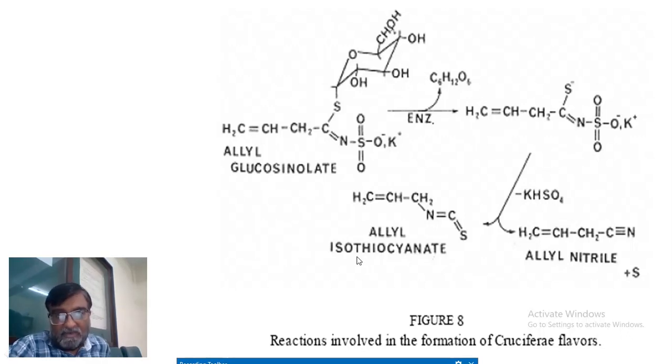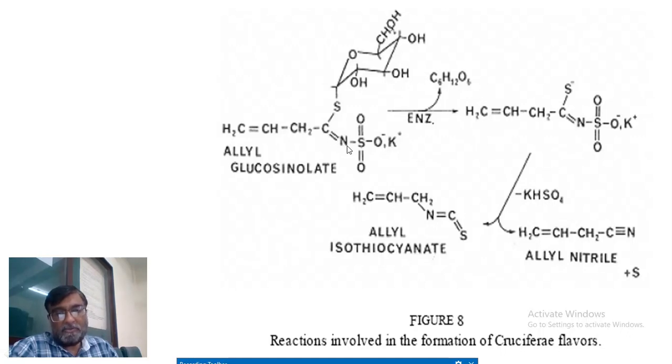So that starts with the allyl glucosinolate content. This is a glucose combining with the thio group, S group. Then CH2 double bond CH, CH2 CN.